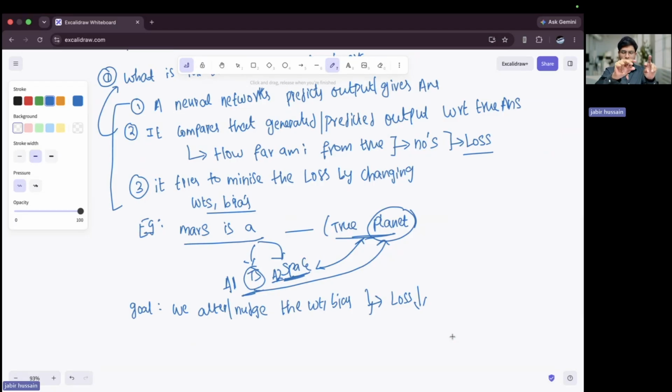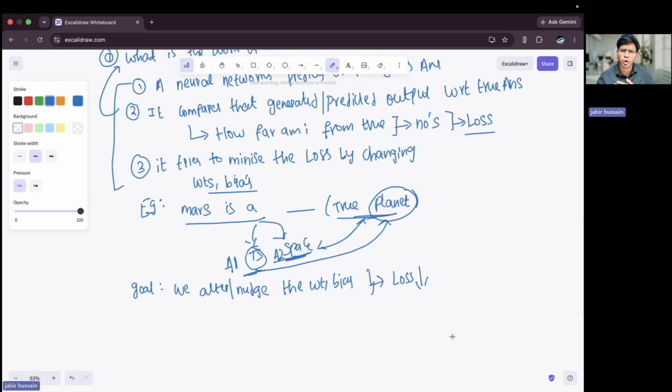Let's say I'm changing my weights and biases. How can I tell in which direction I have to change, whether I have to increase or decrease my weights, and how much I have to do? So the question comes, this is our goal. We want to change our weights to minimize our loss, but how and how much? In which direction?